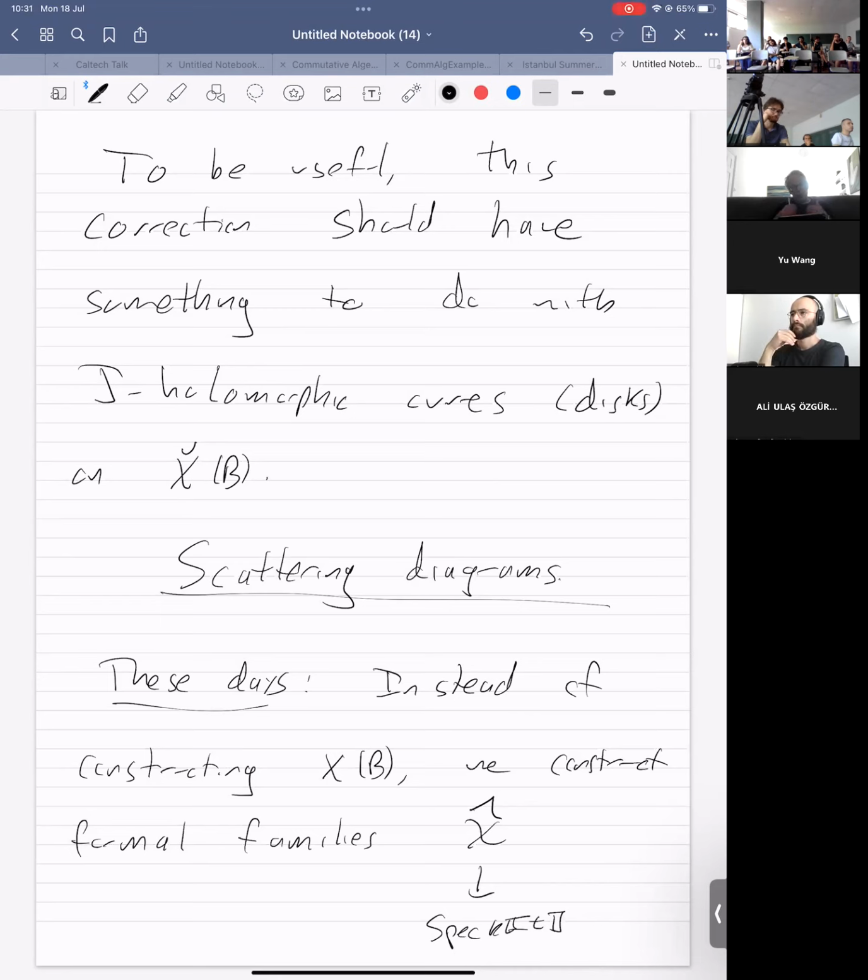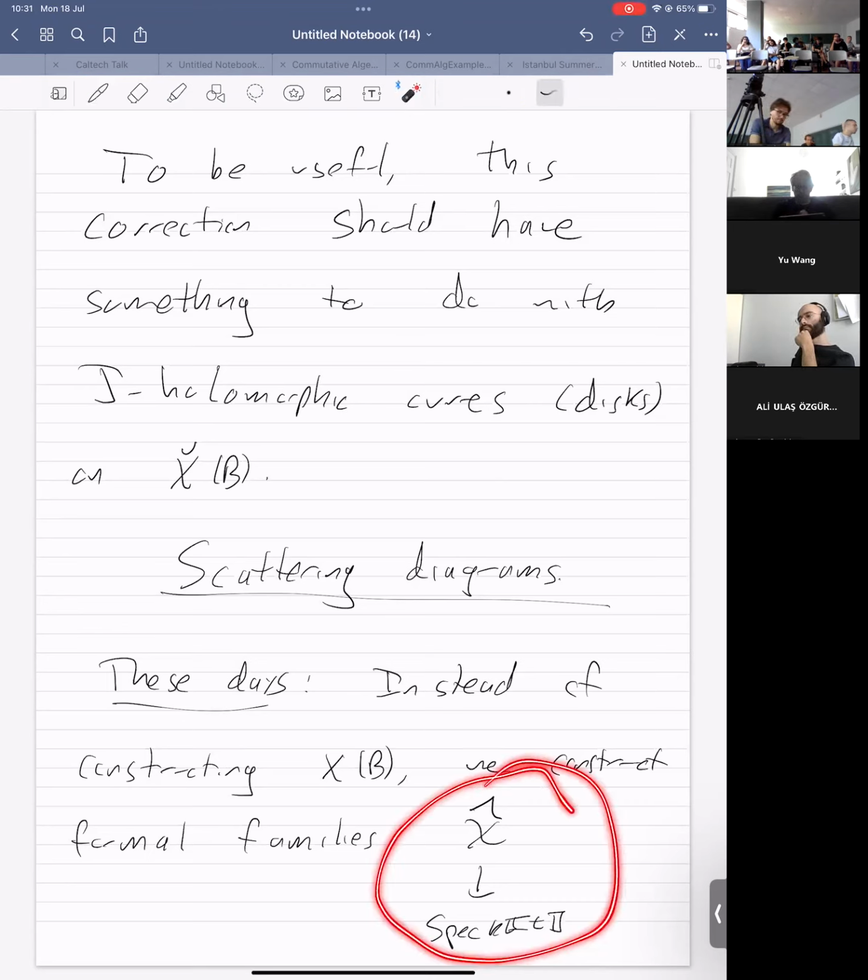But this fits with the philosophy I mentioned earlier. This really is saying that we can understand things formally close to the large complex structure limit point. You should think of this sketch as really being a large complex structure limit degeneration. I don't know if that helps.